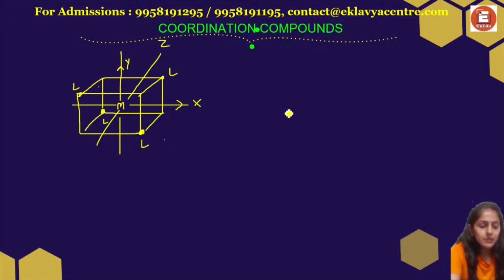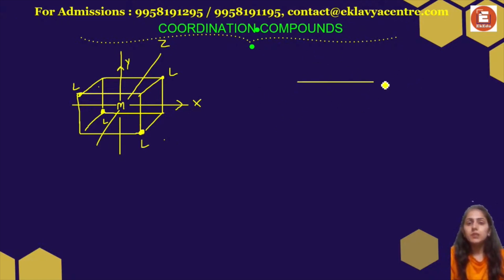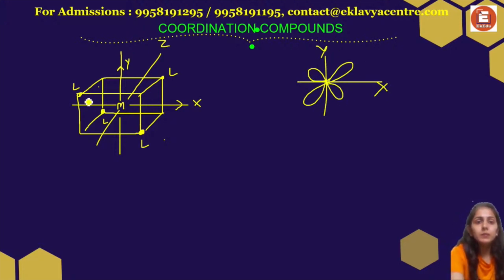Now if we see these ligands, I have told you in this case also, what is x and y? dxy are these ligands. And here, ligands are approaching to dxy, or to dyz, or to dzx.